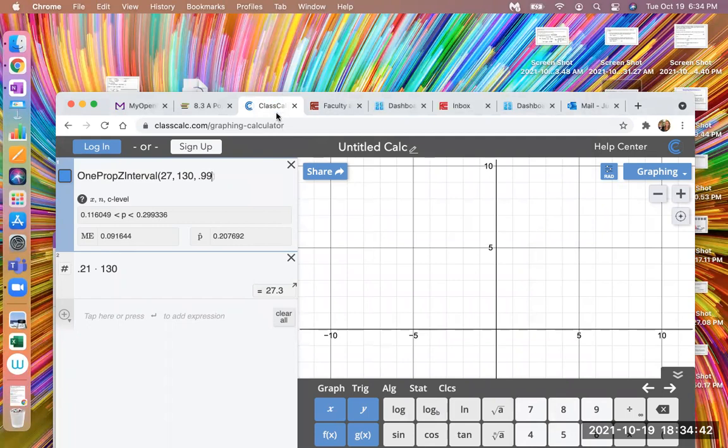Understanding how we're getting the confidence interval will help you figure out what the margin of error is without having to deal with the big formula.